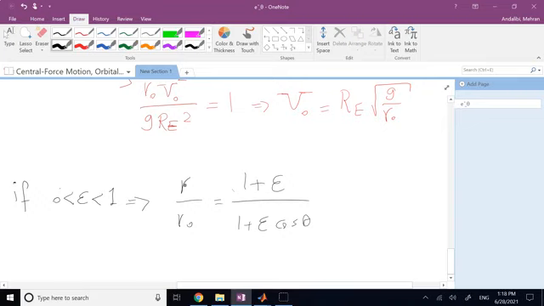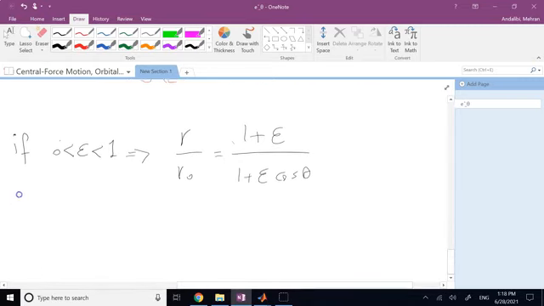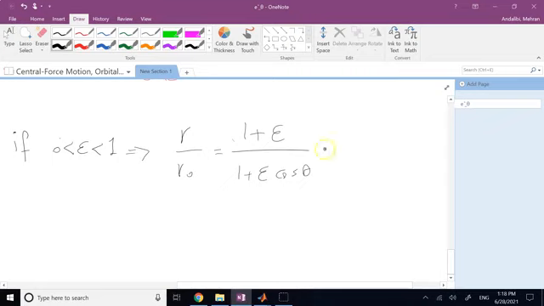Correct? And when theta changes between 0 and pi, as long as cosine theta is less than 1 in magnitude, which it always is unless theta is 0 or 2 pi, your denominator is always less than the numerator, which means the ratio is bigger than 1, so r is bigger than r naught. So r is bigger than r naught, or equal to r naught only if theta is 0 or 2 pi.